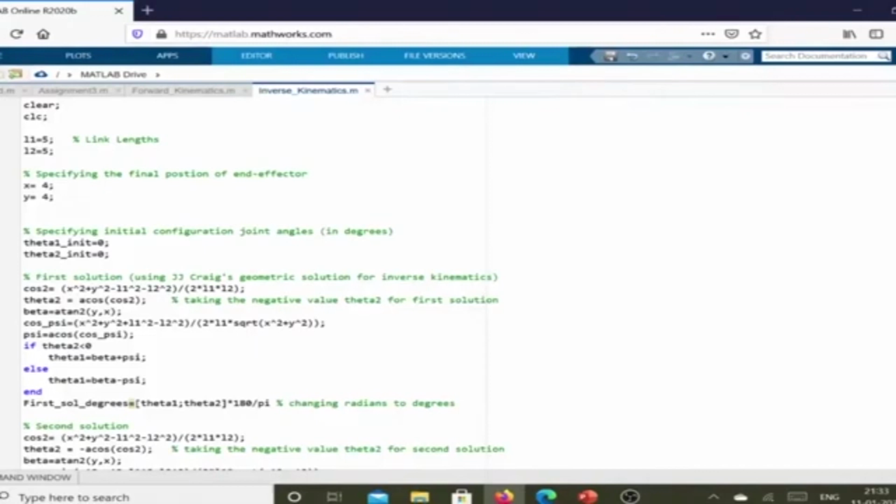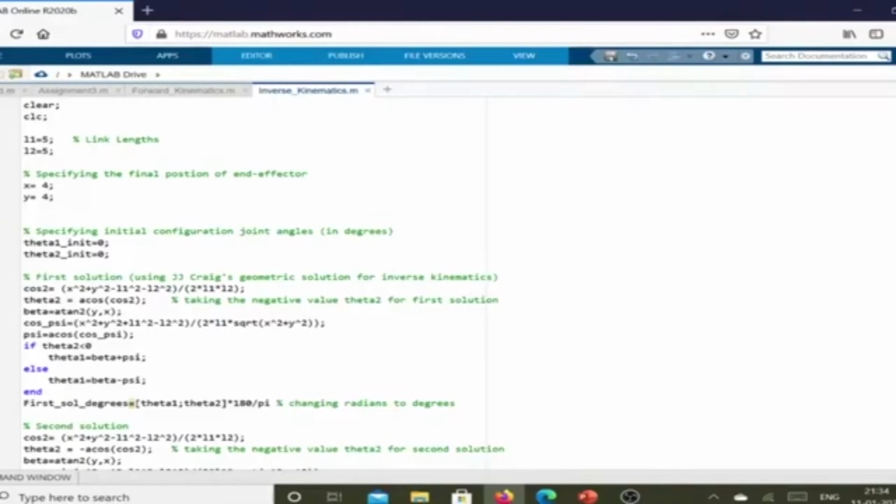Once you find beta and phi, beta minus phi will give you theta 1. Similarly, the other solution is going to become plus, phi plus beta. So we are finding both the solutions by using that geometrical method that I just explained.